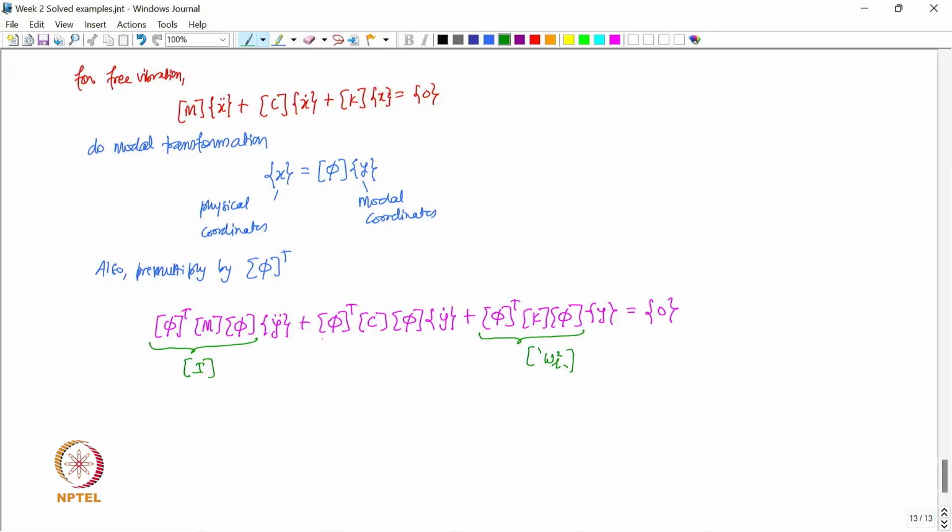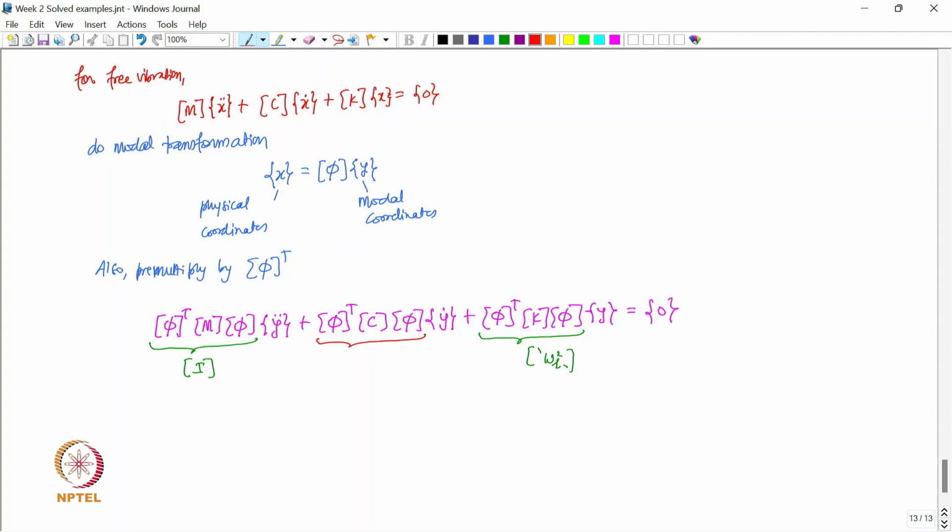And now this matrix will be a diagonal matrix, because in this case C is given as proportional damping, right. When damping is proportional to the stiffness matrix, mass matrix, or a combination, in either case the mass normalized eigenvectors of the undamped model would be able to decouple the damping matrix.